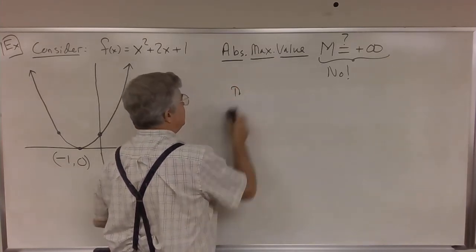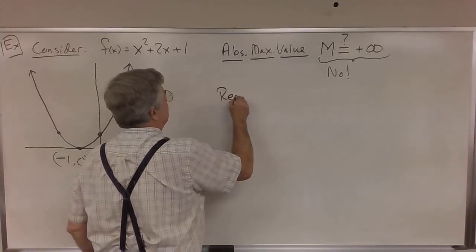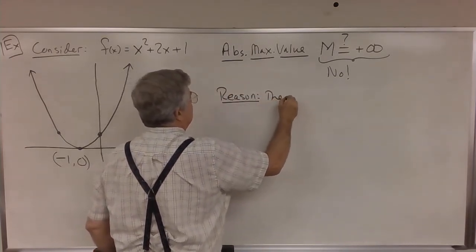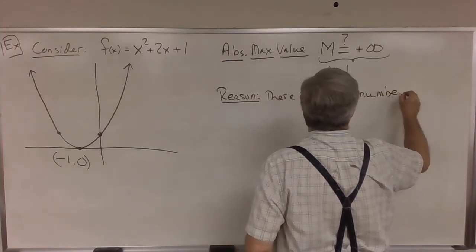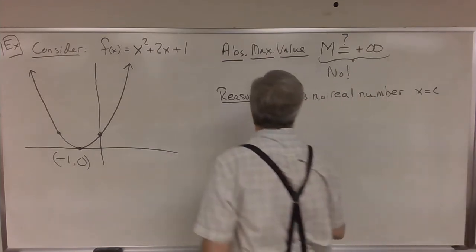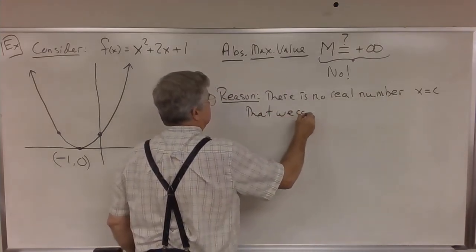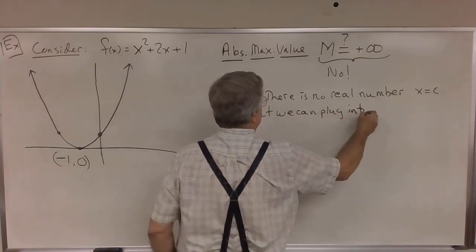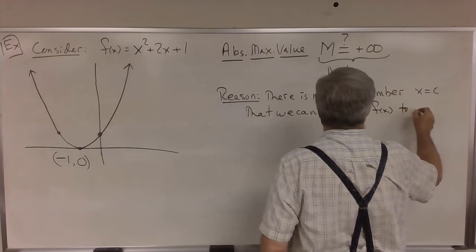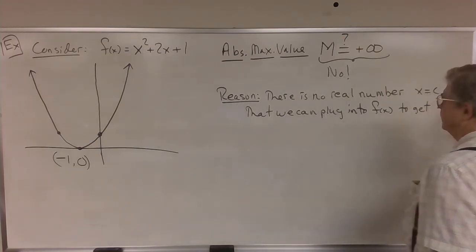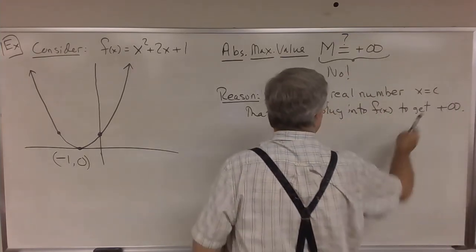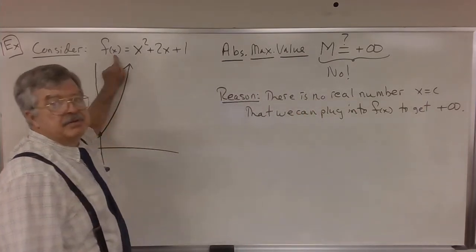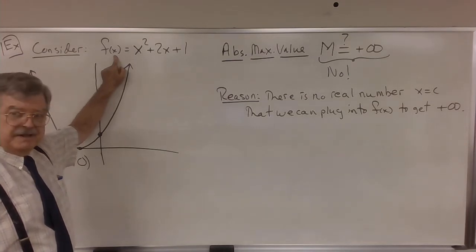And let's put down a reason. In order for this to be an absolute maximum value, or the absolute maximum value of f of x, there has to be some real number, x equals c, that we can plug into this function and get positive infinity.